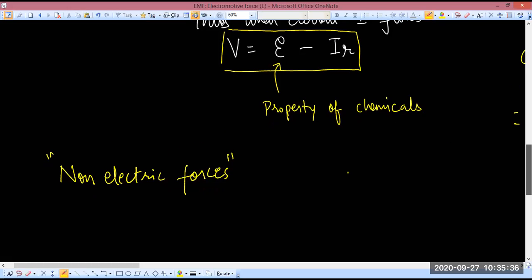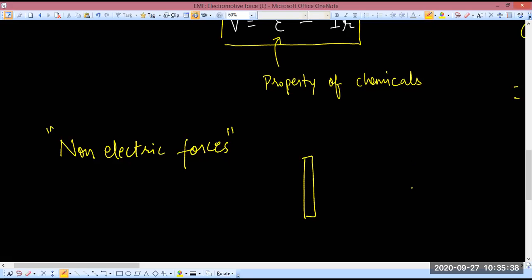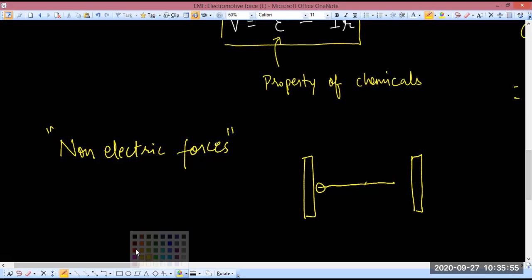Okay, so what is the meaning of non-electric forces? This is as follows. Suppose this is one electrode, here is another electrode, and let's say a negative ion wants to flow from here to there. But in that process, there will be an opposing non-electric force.